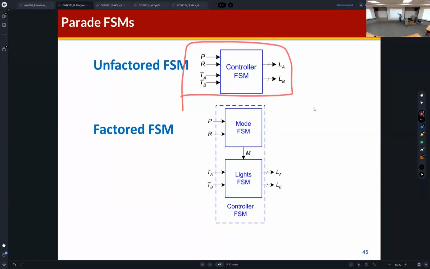It's one very complex FSM, but we can divide it into two different FSMs: the mode FSM and the light FSM. Based on the P and R inputs, the mode FSM determines the operation mode of the light FSM. Then based on the other inputs, the light FSM defines the traffic sign.